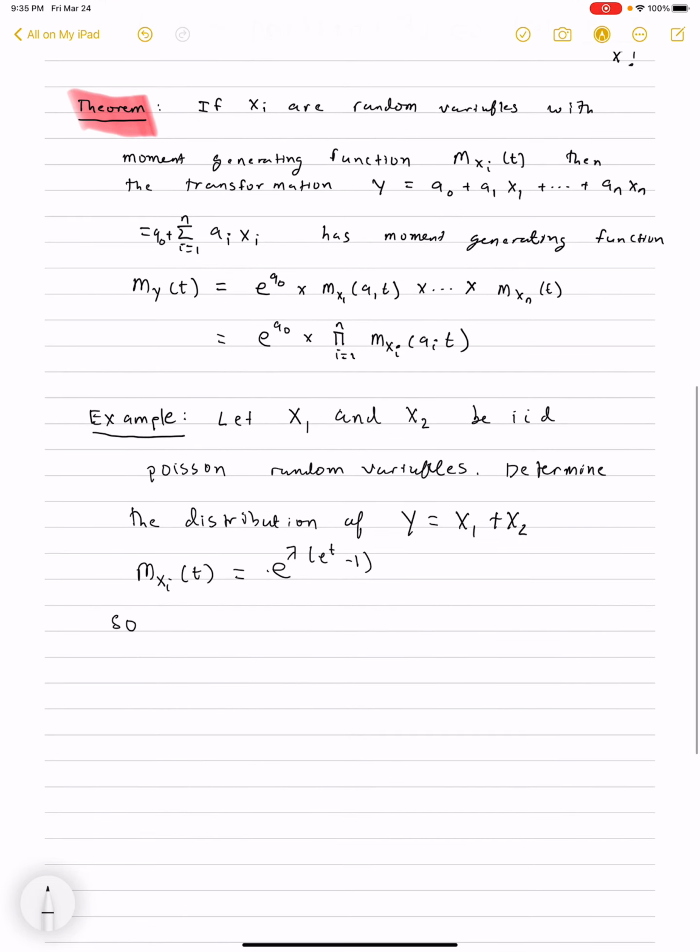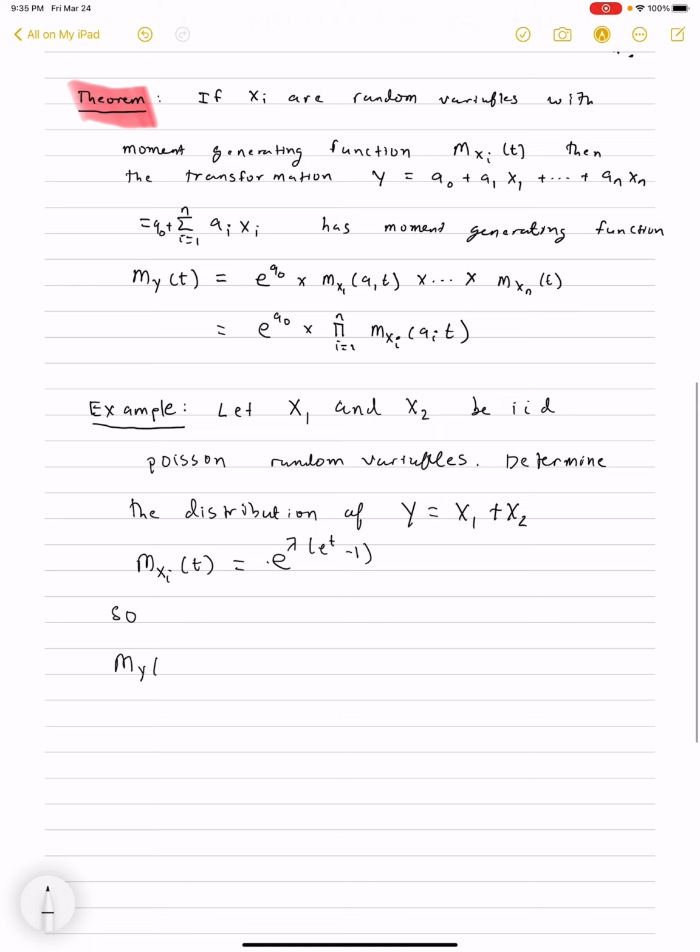So using the transformation theorem that's listed above, we have that M_Y of t is going to be M_X1 of t times M_X2 of t, and we just wrote down the moment generating function e to the lambda times (e to the t minus 1) multiplied by e to the lambda times (e to the t minus 1), and this will be e to the 2 lambda times (e to the t minus 1).